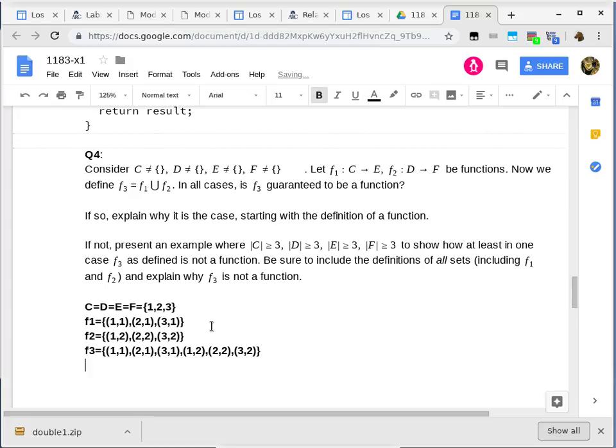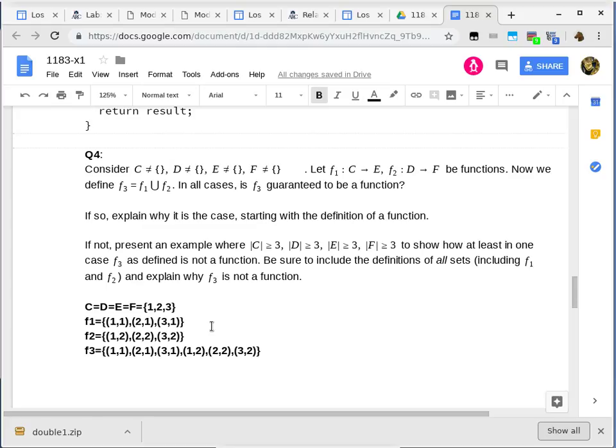Okay. So, is that okay? F3 is the union of F1 and F2. F1 is a function. It meets all the requirements of a function. Every element in the domain is mapped to one element in the codomain. F2 meets the same requirement.